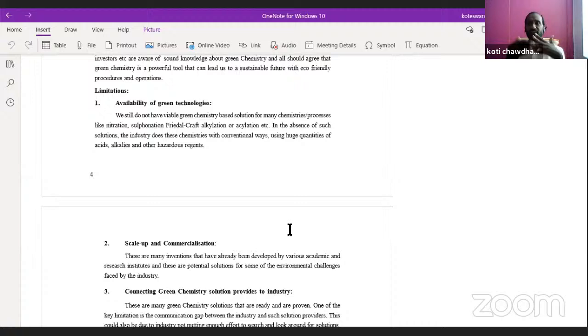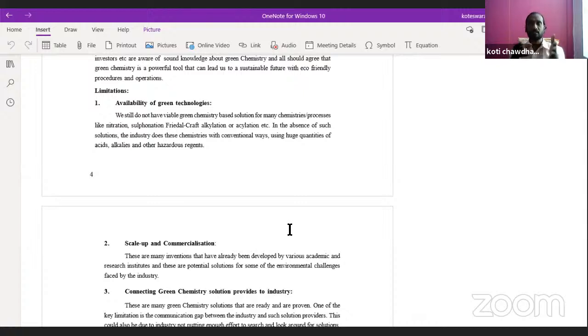Therefore, we need to avoid them and develop green technologies and green procedures. Suppose, till now, for nitration, sulfonation, Friedel-Crafts alkylation and acylation types of reactions, there are no green procedures. Perfect industrial adaptation procedures are not available. We need to develop them.